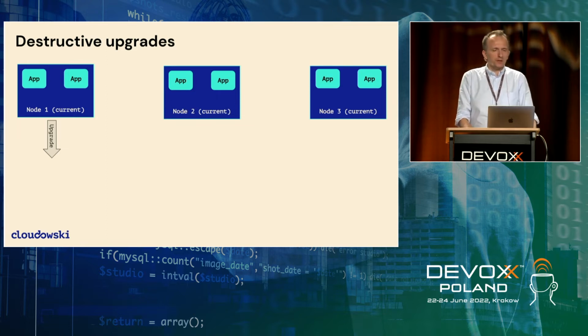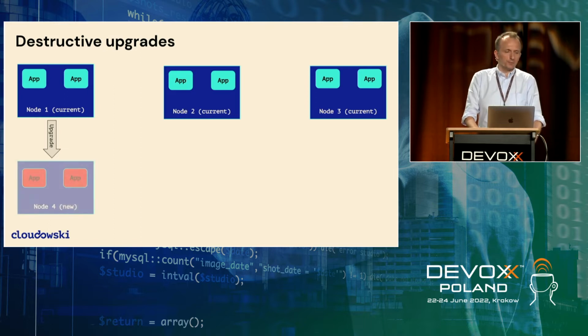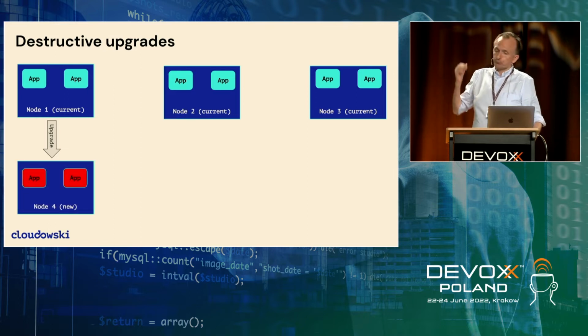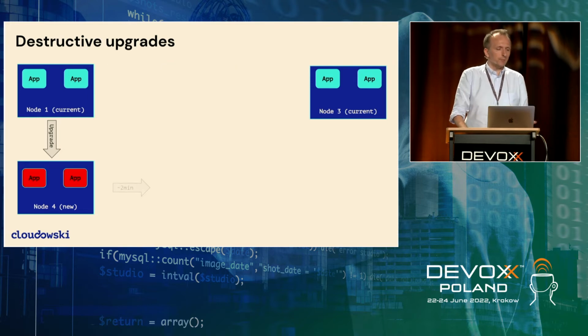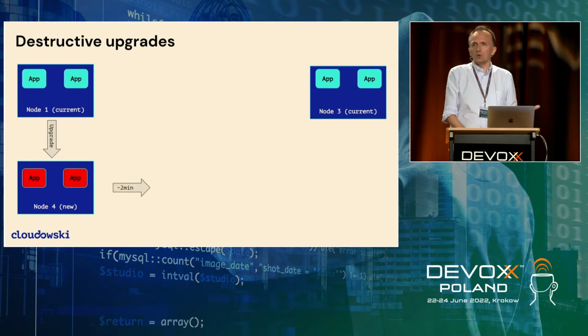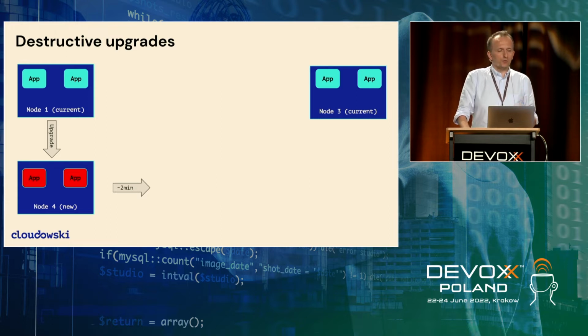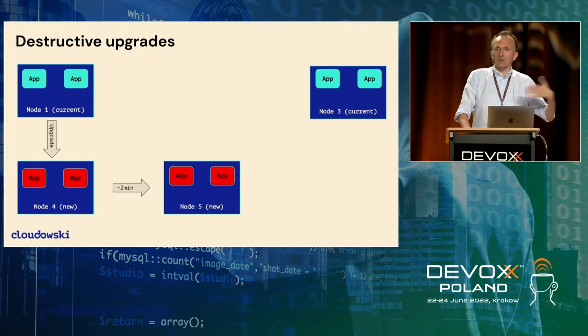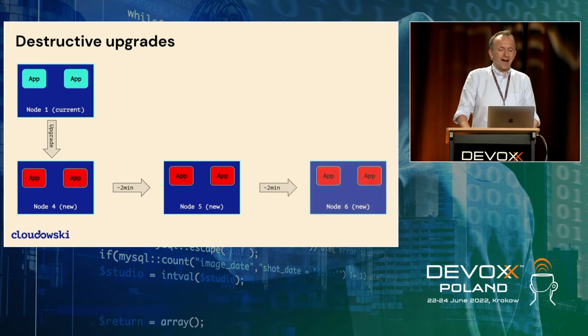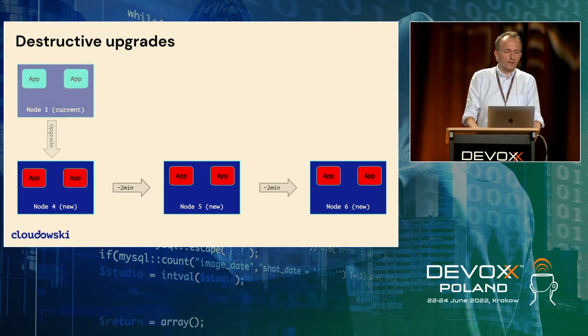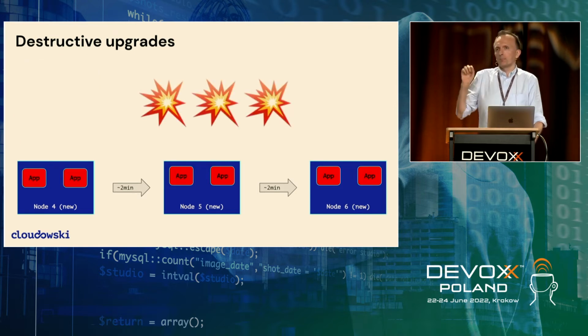when it starts the update process, a new node appears. Let's assume that we have a very small cluster composed of 3 nodes, and a new node appears. And after some time, one of the old nodes gets destroyed, and then another new node appears, another old node gets destroyed, and so on, until we reach the very, very crucial point where there is no app available.